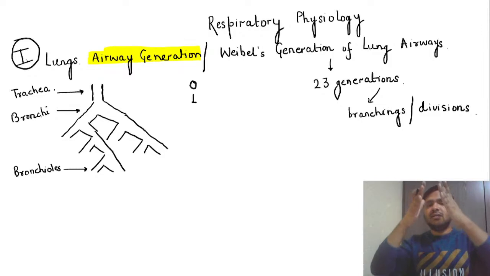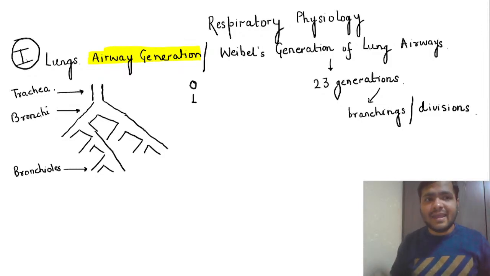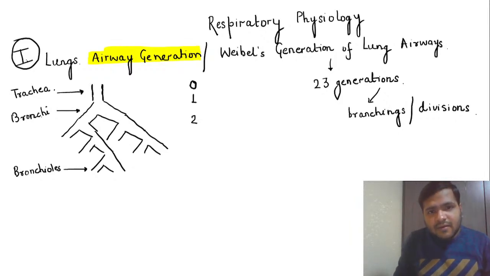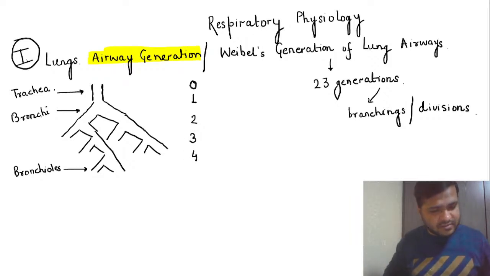So the trachea branches into bronchi, and these bronchi further branch into bronchioles. Levels 2, 3, and 4 are the bronchioles.